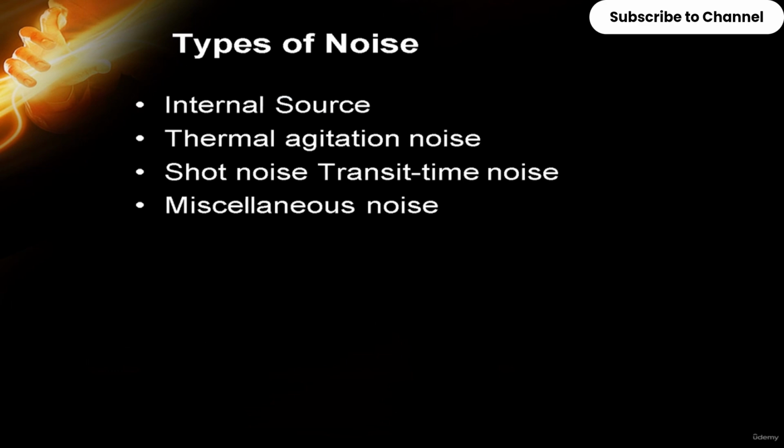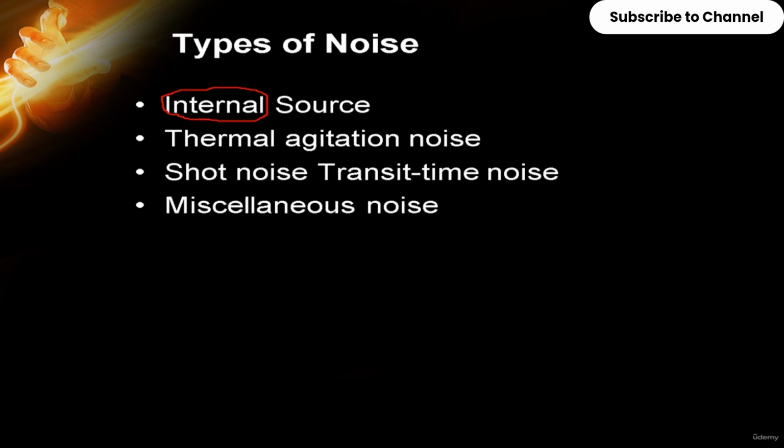The next type is internal noise. Internal noise is created by an internal source. The noise is produced by the receiver components while functioning. It means in the circuits, due to continuous functioning, some noise may be produced. This noise is quantifiable. A proper receiver design may lower the effect of internal noise.